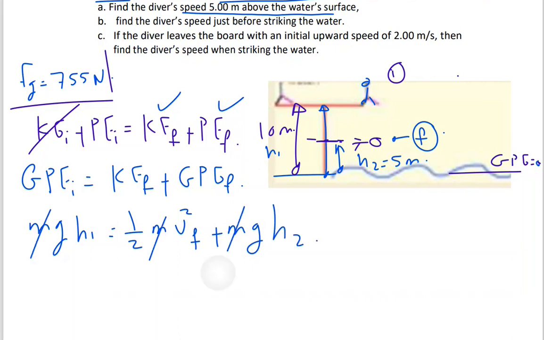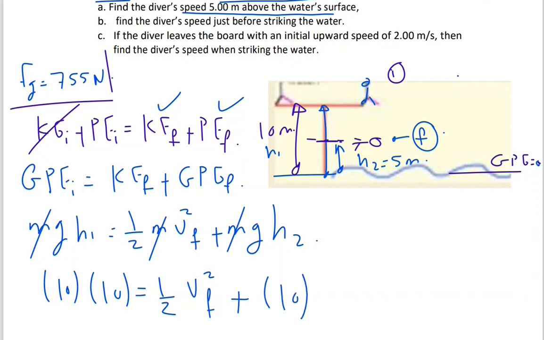M cancels out. G is 10. The first height 10 equals half the velocity of the diver, we don't have it, V final squared, plus G is 10, H2 is 5.